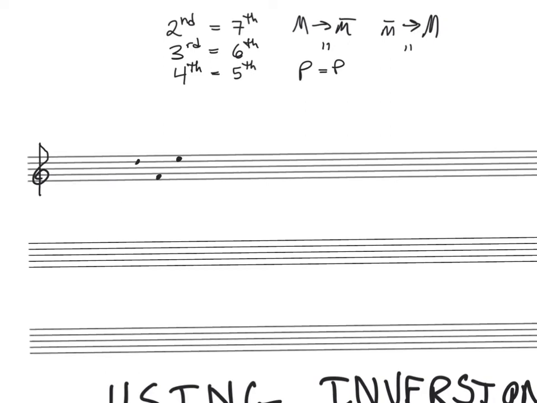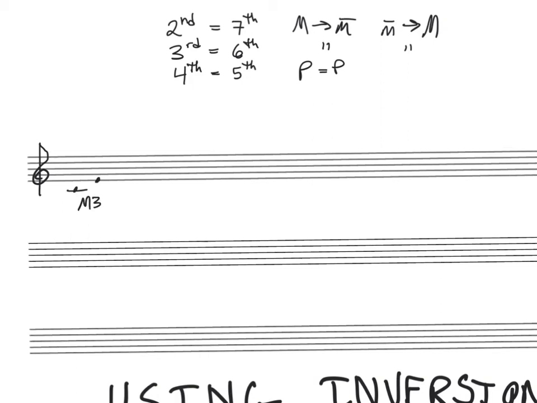So let's talk about thirds, because thirds are going to be the next most common thing that you're going to need to worry about. There is a great pattern here that you should remember for other reasons as well. Okay, so first of all, we have C up to E, which is a major third.